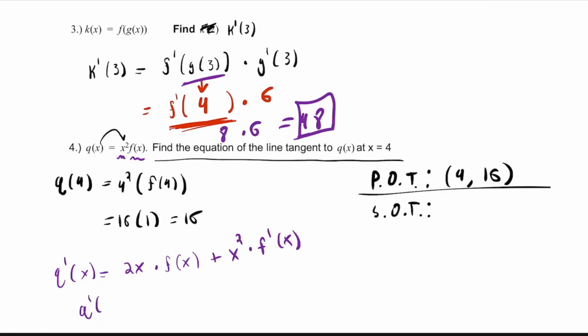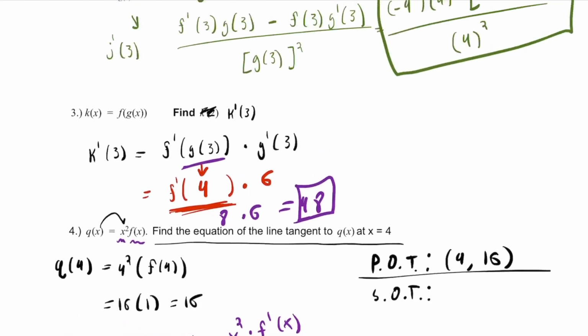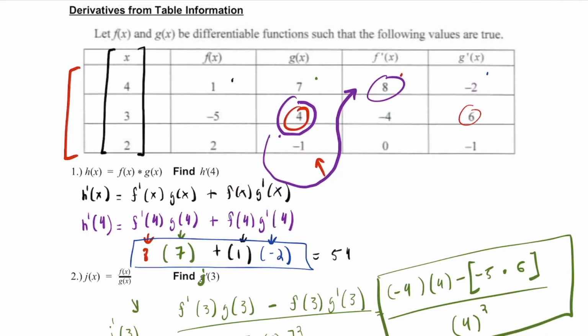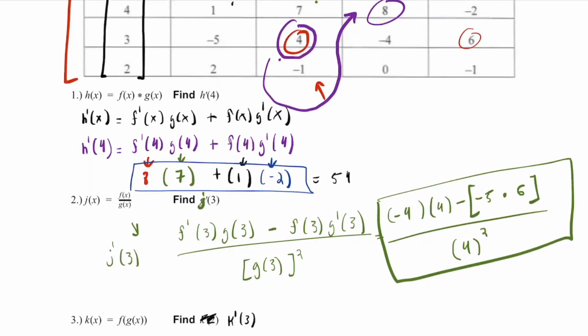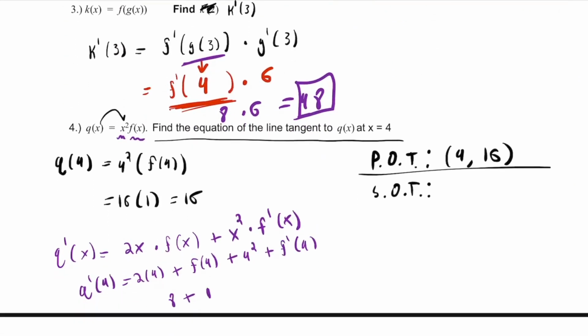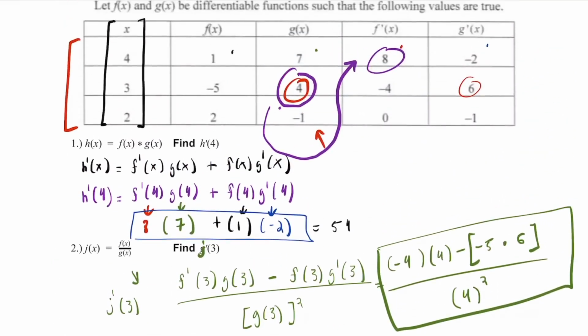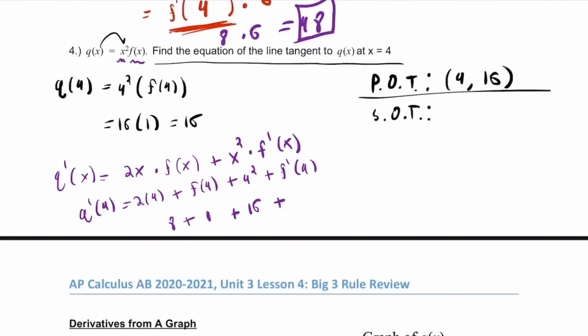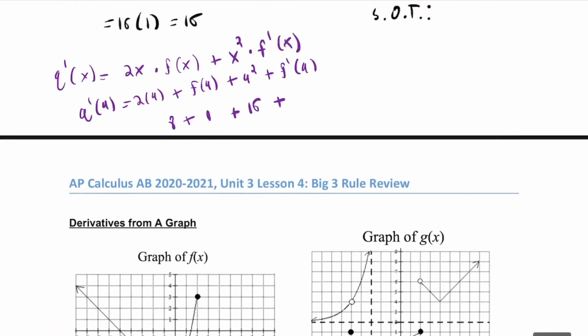Now we can plug in. q prime of 4 is 2 times 4 times f of 4 plus 4 squared times f prime of 4. That's a doozy. So we're going to have 8 times f of 4. F of 4 is 1, we already knew that. So 8 plus 16 times f prime of 4, which is 8.